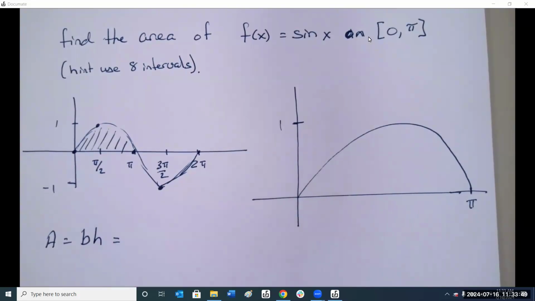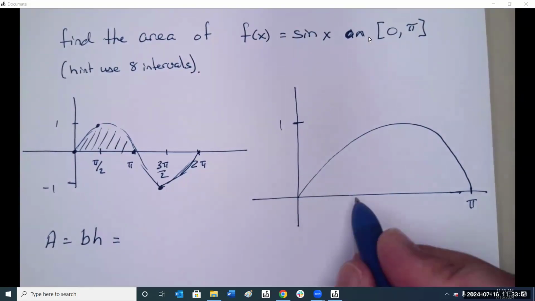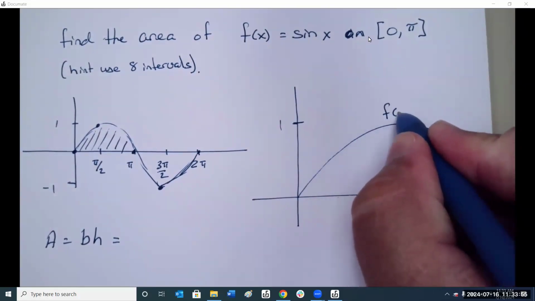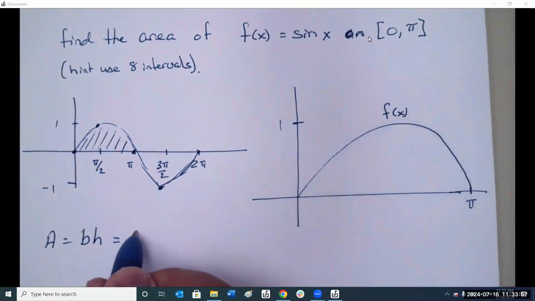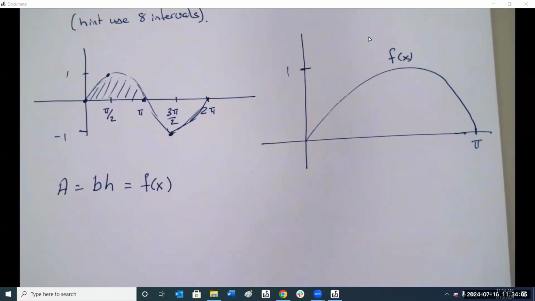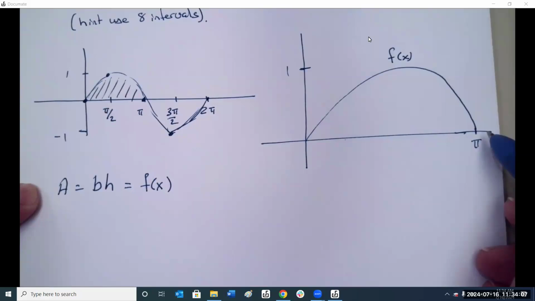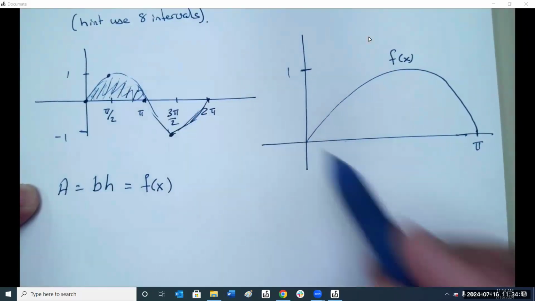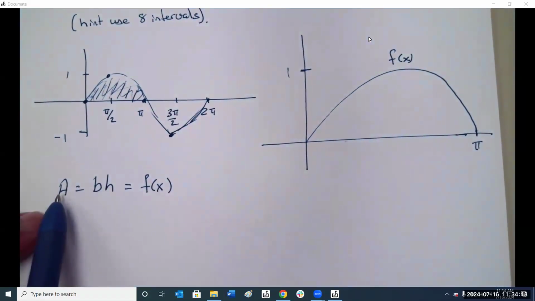So in our case, the height is how far it is from the x-axis to the function. So that's our function. We're looking for the area under the curve. This here is the whole area.